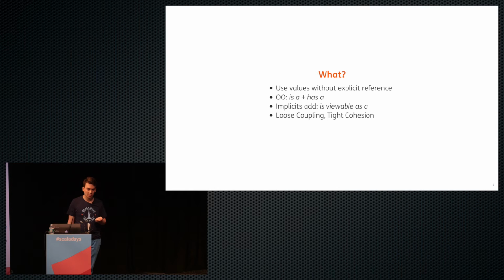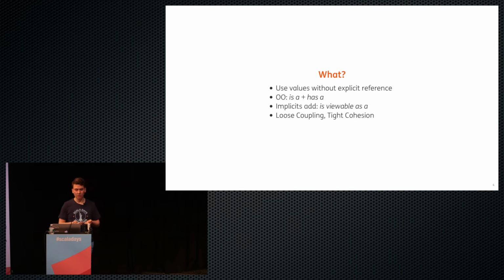So in standard object orientation, we have an is-a relation and a has-a relation. So for example, a cow is an animal, and has a name, which can be a field of the animal in this case. Implicit adds something extra on top of this, namely is-viewable-as-a. And you can, for example, say that a cow is viewable as a mammal.